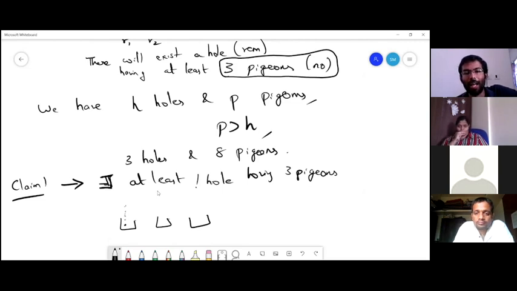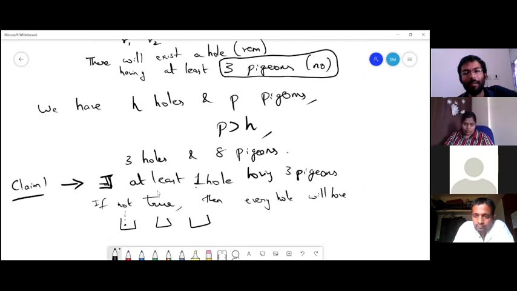Now, if not, then every hole will have at most 2 pigeons. So if this is not true, then every hole will have at most 2 pigeons, and so the maximum number of pigeons would be, in this case, 6, which is not possible.